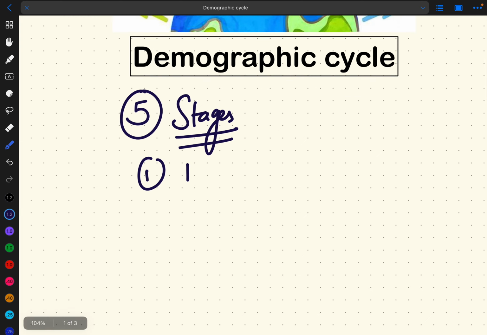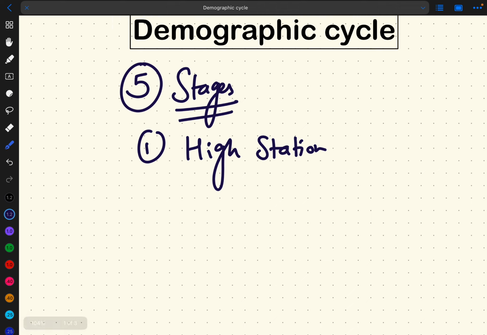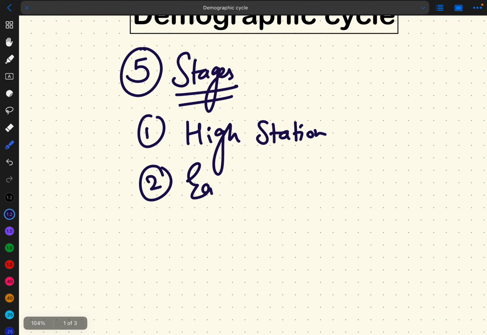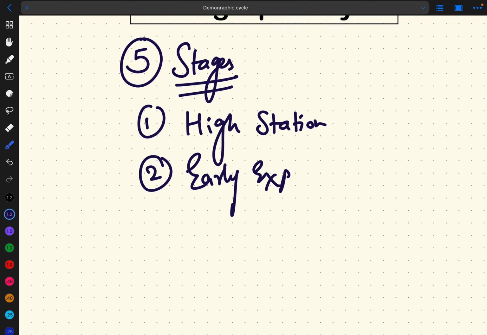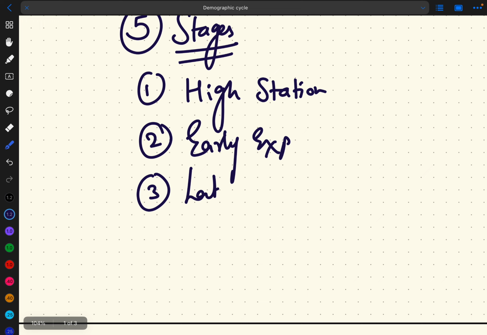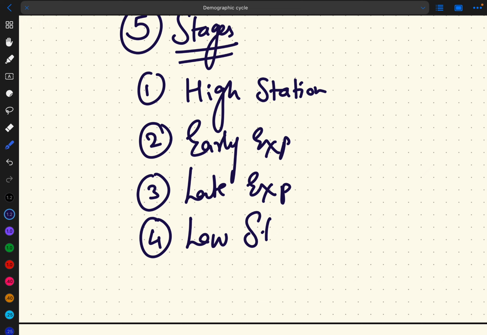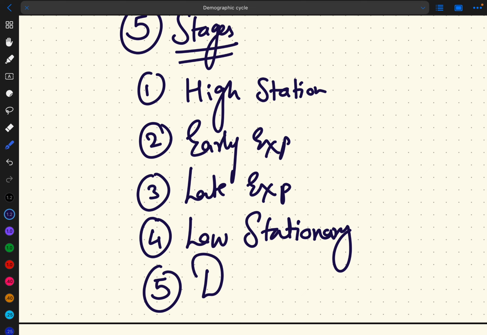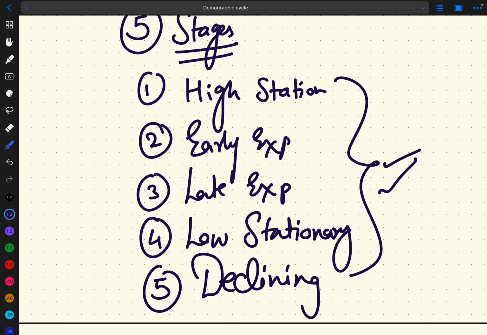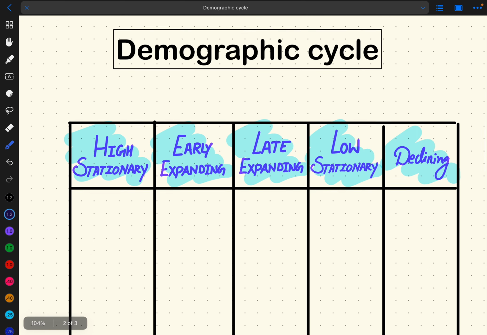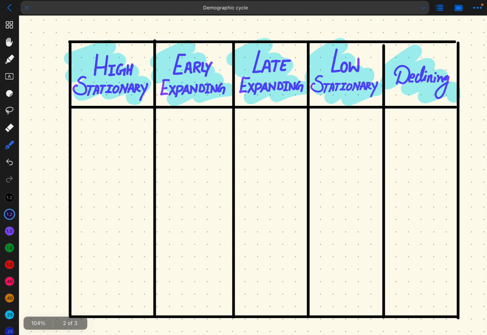First will be high stationary, second will be early expanding, third will be late expanding, fourth will be low stationary, and fifth will be declining. So we will see them one by one in a simple manner in a flow chart. So here they are: high stationary, early expanding, late expanding, low stationary and declining.